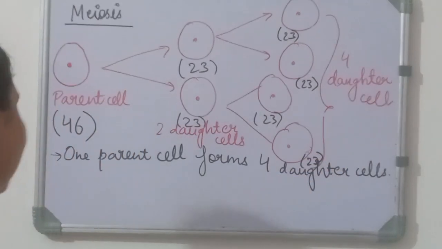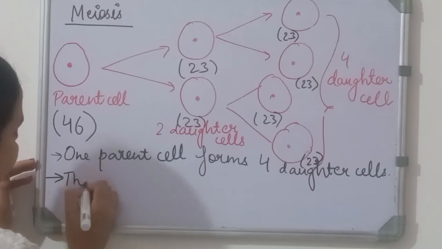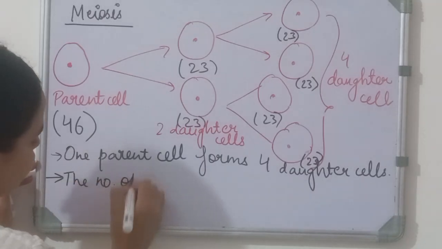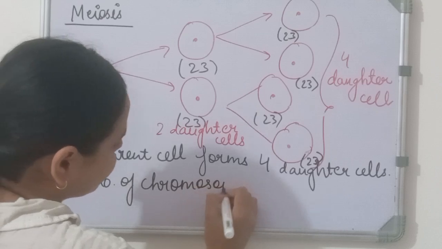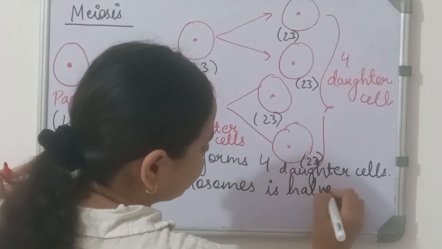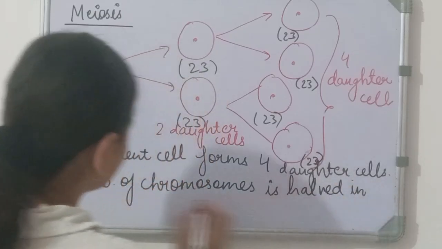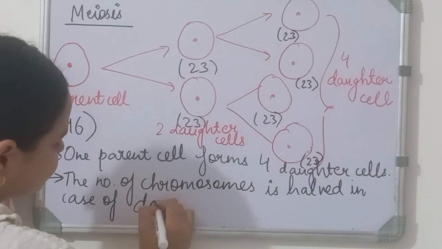So we can write that the number of chromosomes is halved in the daughter cells.